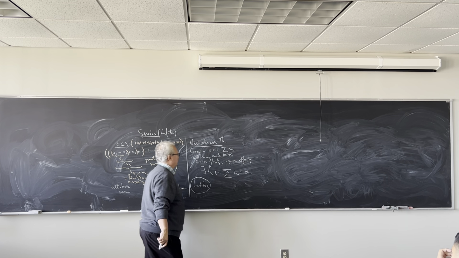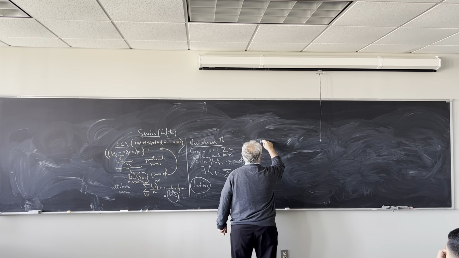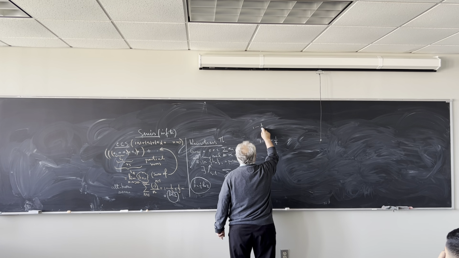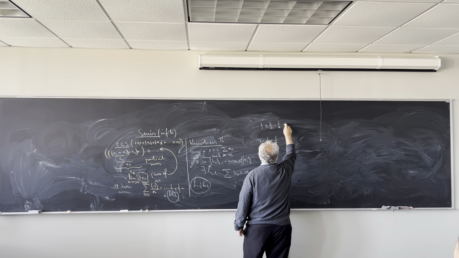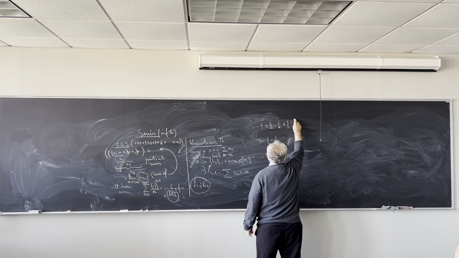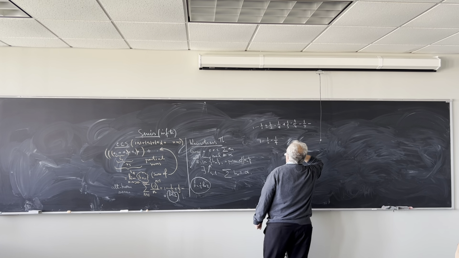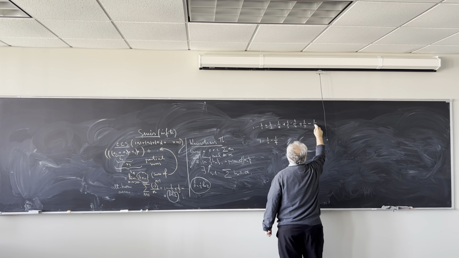So let's reorder them the following way. I'm going to add 1, and then subtract 1/2, and then subtract 1/4. So let's put them in order here. 1 minus 1/2 minus 1/4 plus 1/3 minus 1/6 minus 1/8 plus 1/5, and so on.